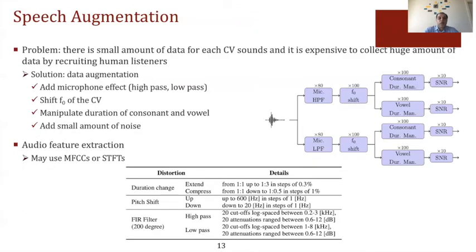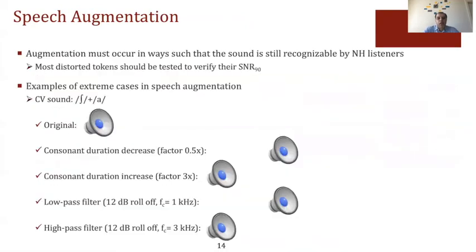The distortions that we apply can be changing the duration for consonant or vowel, changing the pitch, and applying some filter, low pass or high pass filter. Each of these distortions can produce a new sound, but here we want to make sure that the sounds are intelligible.